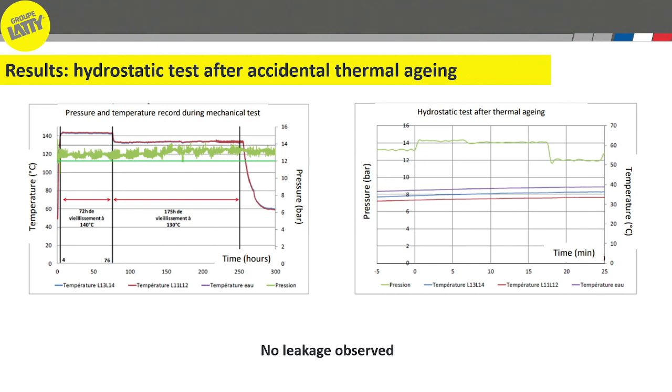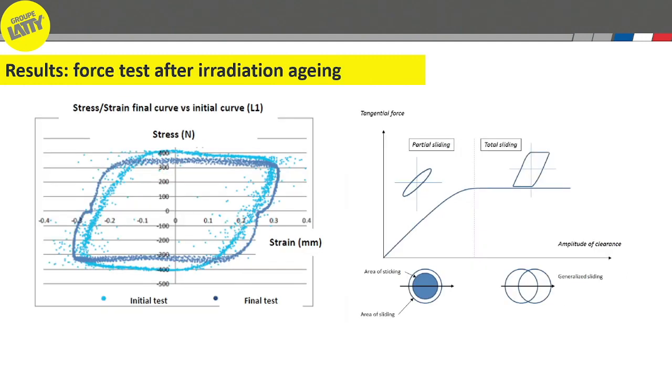After all this mechanical and thermal aging, we made the irradiation test, and after that the testing cell was assessed in terms of friction reaction, and the result was compared to the one observed before the test. So here we have an O-ring with an absorbed dose of 1,700 compared to the new one.